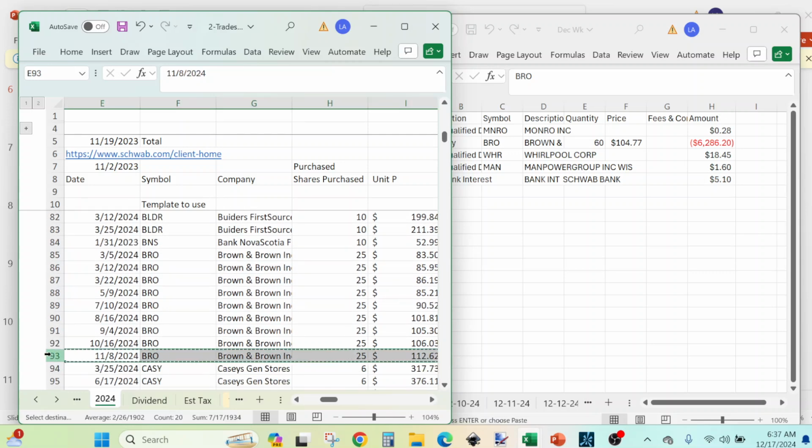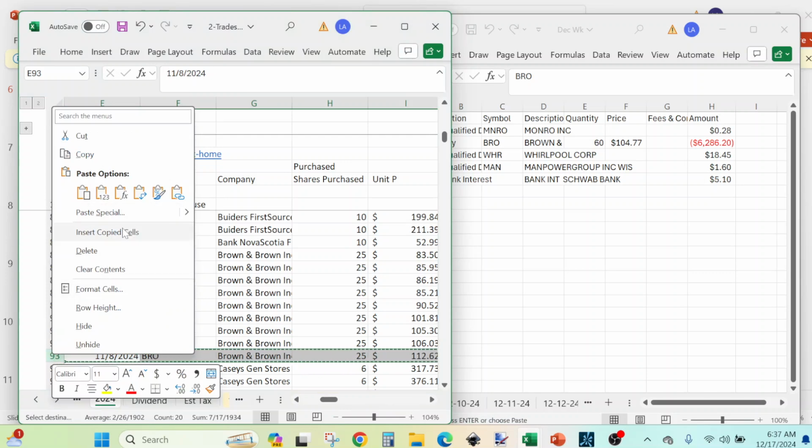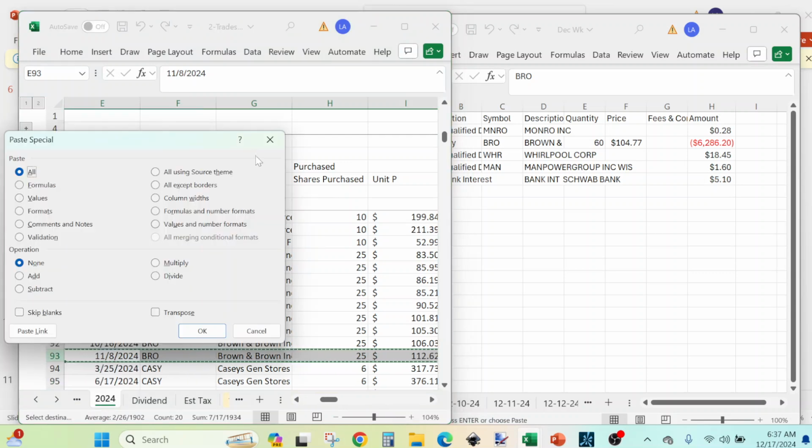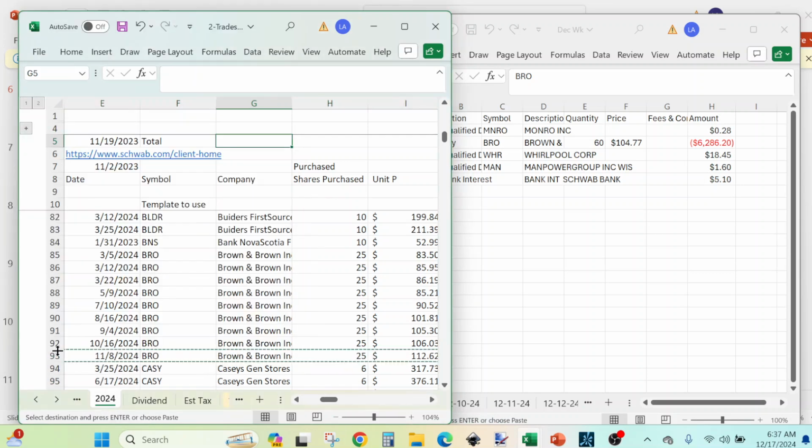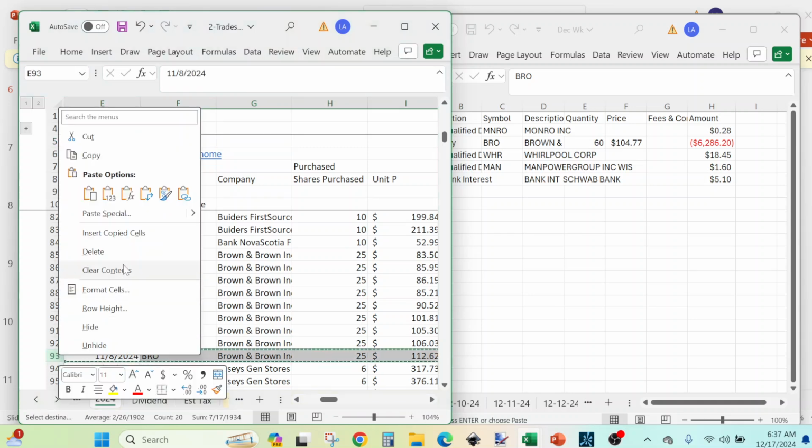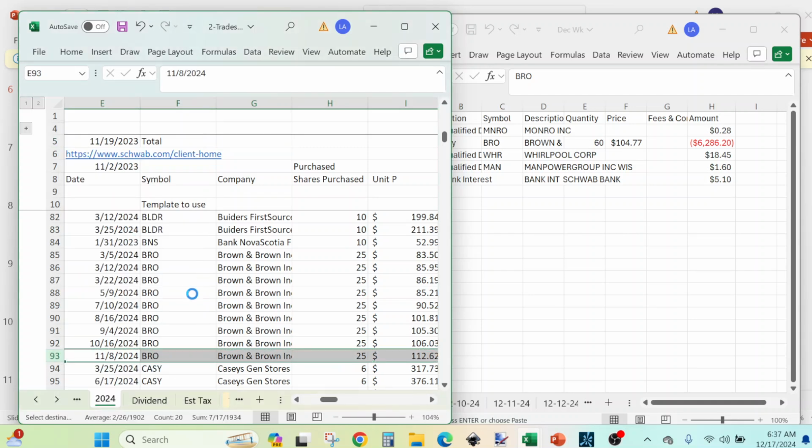BRO for long-term purposes. We purchased it before, and we have not sold it yet, and we purchase it again because we think it is at a good position for us to add more to it.